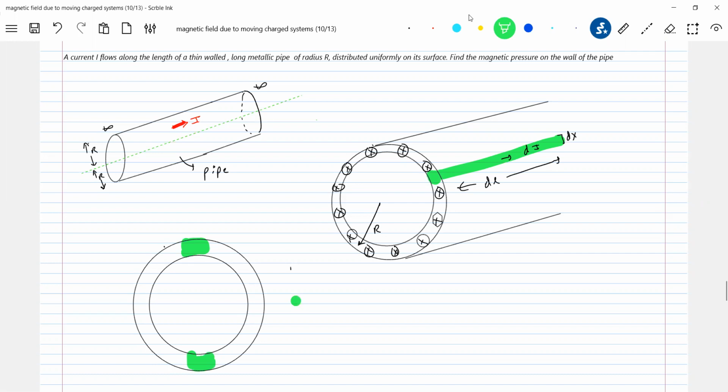How will the current be flowing here? The current will be into the plane. How will this element produce B bar? This element will produce B bar like this, and this element will produce B bar like this. So like that, what is the net field inside the pipe? What is the resultant field inside the pipe? You check it.